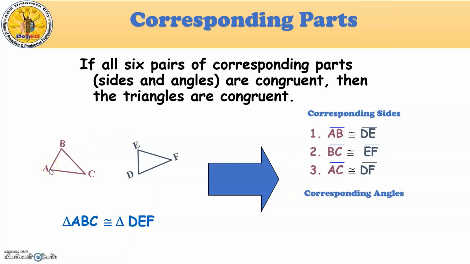Corresponding angles are angles A and D, angles B and E, and angles C and F. So, angle A must be congruent to angle D, angle B must be congruent to angle E, and angle C must be congruent to angle F. If all these 6 parts of the 2 triangles correspond and are congruent, therefore, the 2 triangles are congruent.